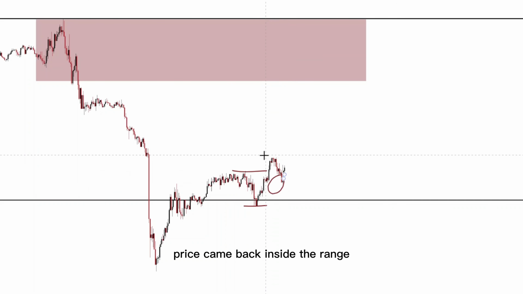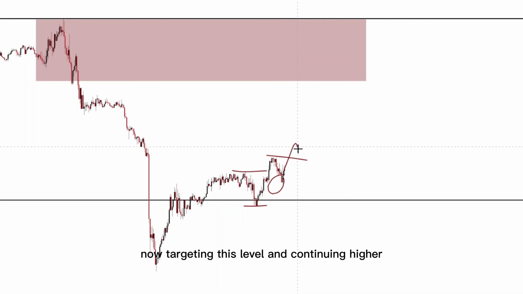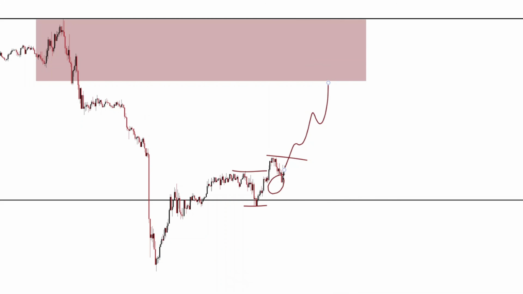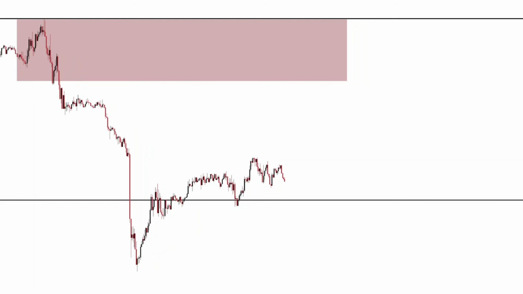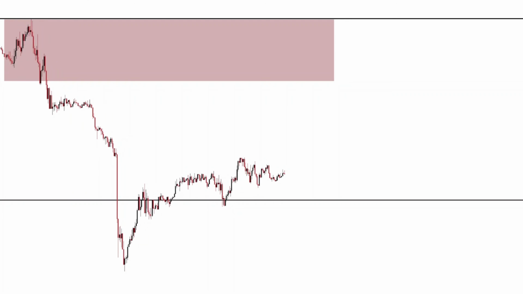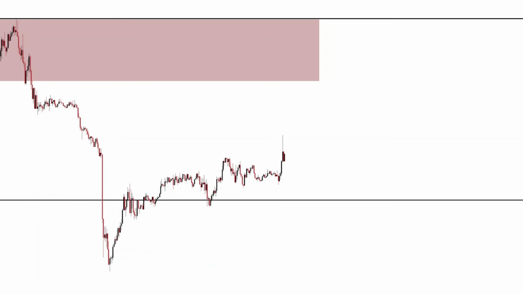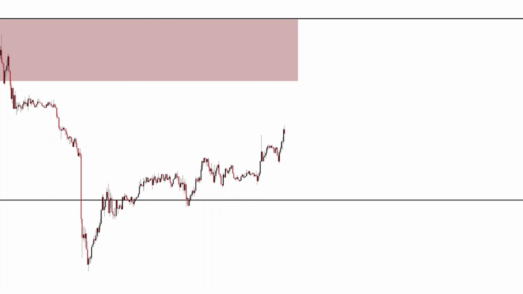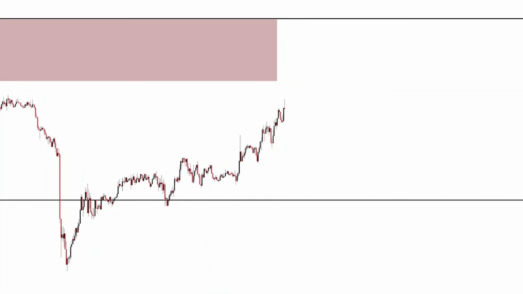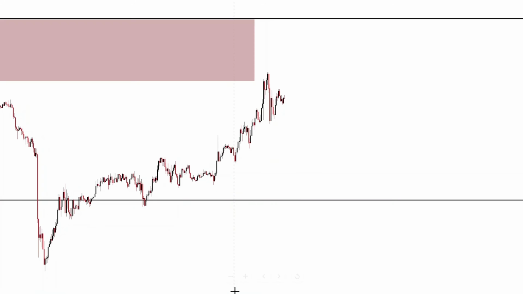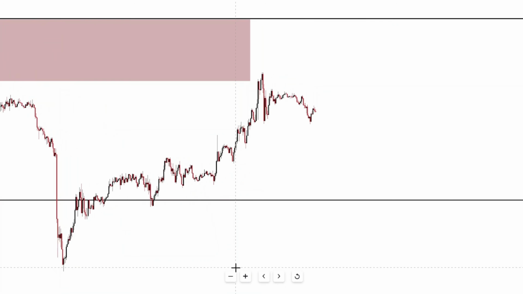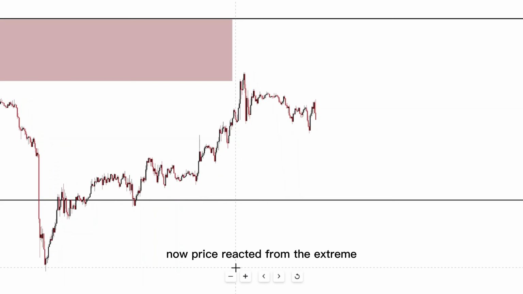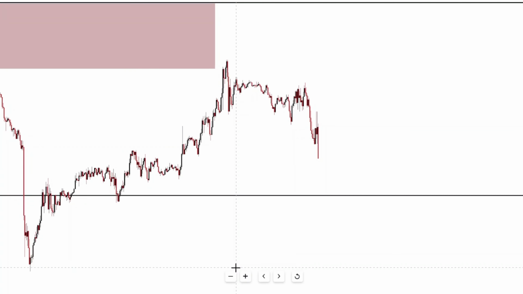Price came back inside the range, now targeting this level and continuing higher. Now price reacted from the extreme and making lower lows.